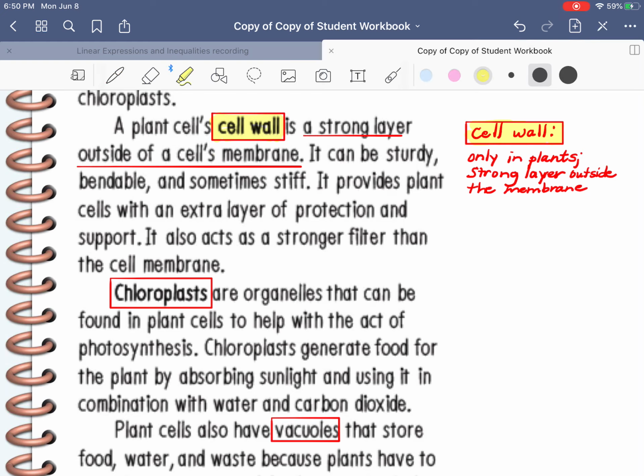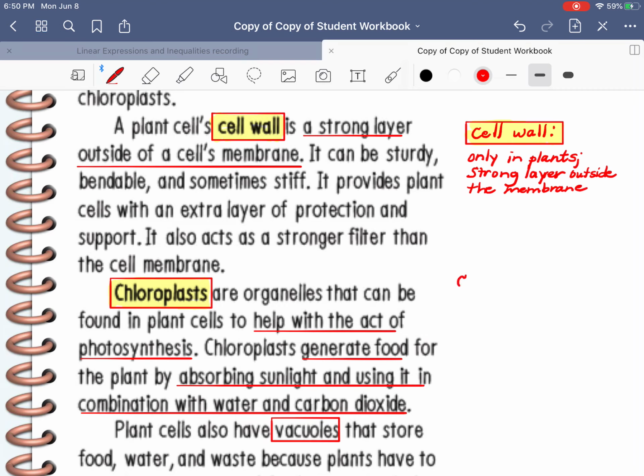Chloroplasts, plural, and there's the linking verb, are organelles that can be found in plant cells to help with the act of photosynthesis. Chloroplasts generate food for the plant by absorbing sunlight and using it in combination with water and carbon dioxide.